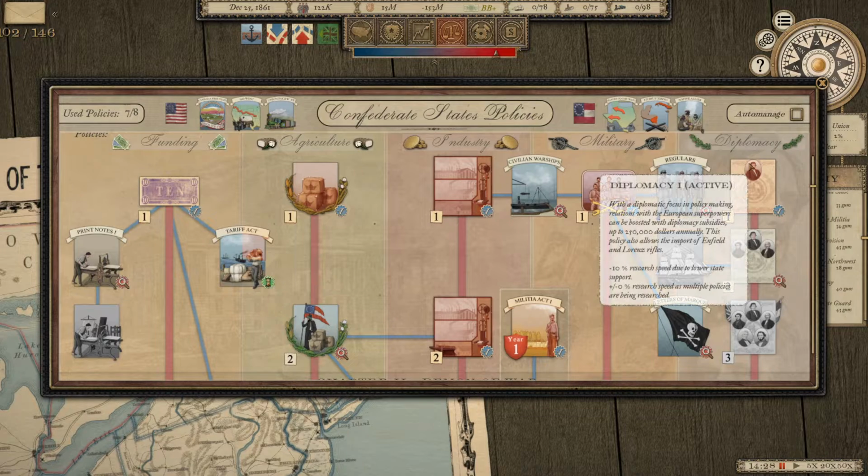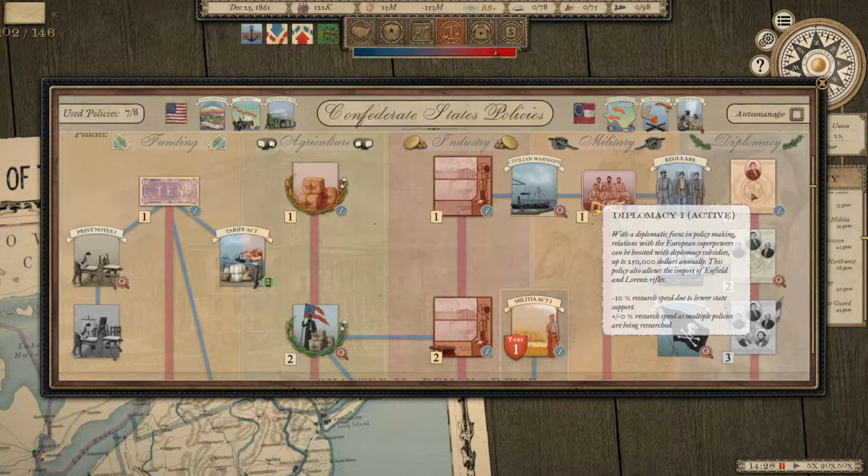Diplomacy 1 is usually within the first 3 or 4 acts or policies I'll research, because it gives you, and it tells you in the description why you do it, it's one of the ways to get quality infantry small arms in relatively good quantities early in the game.